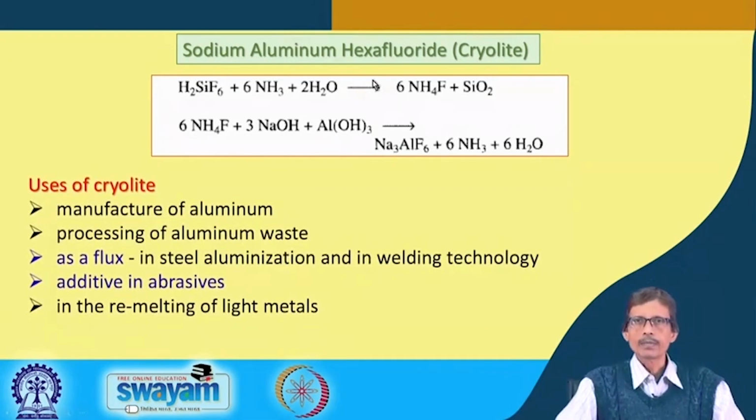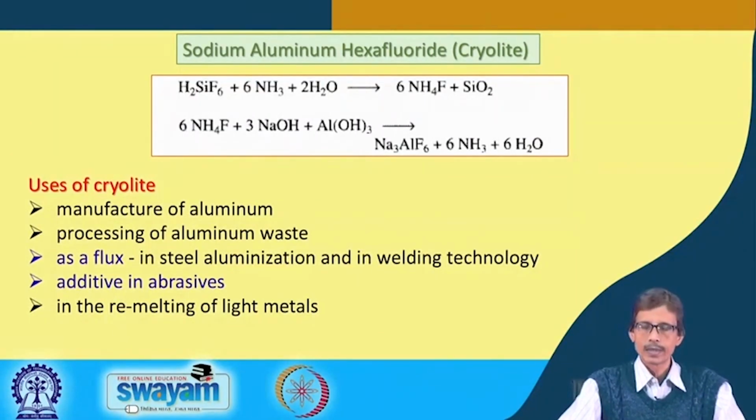Because this cryolite material is commercially very interesting and industrially very important, because it can be used for the manufacture of aluminum. So, the aluminum industry is largely dependent on the regular supply of cryolite, whether you get it from a natural source or from synthetically prepared cryolite.